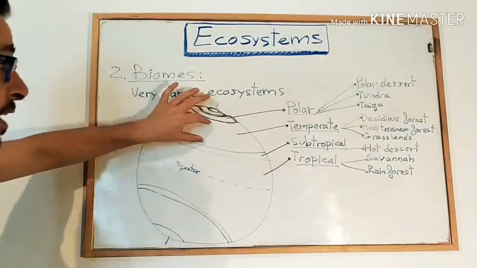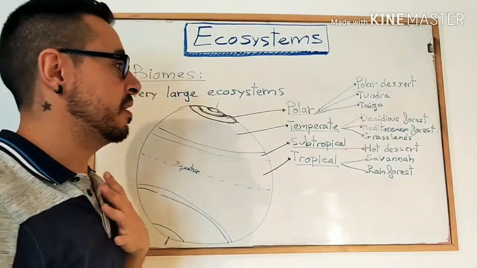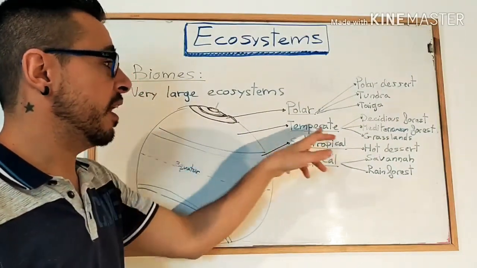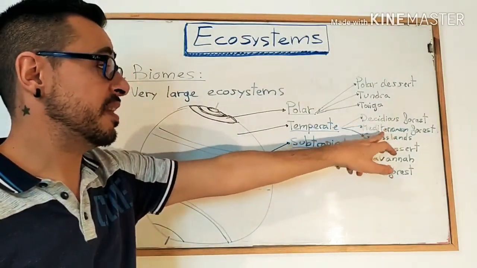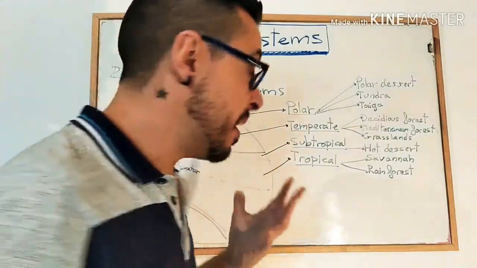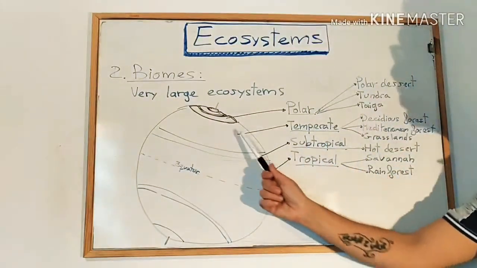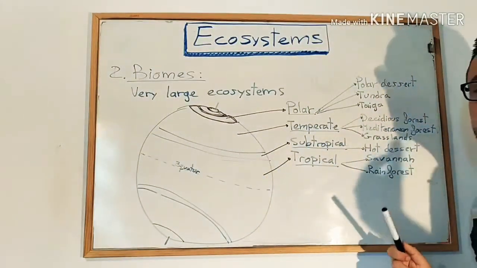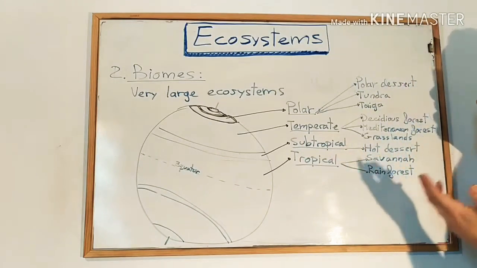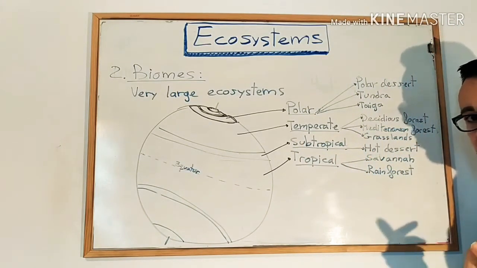Then we have the temperate climates, our climate. And here we can find deciduous forest, Mediterranean forest, and grasslands. I remind you that in the temperate climates, where the climate is rainy all year round, we find the deciduous forest, okay?